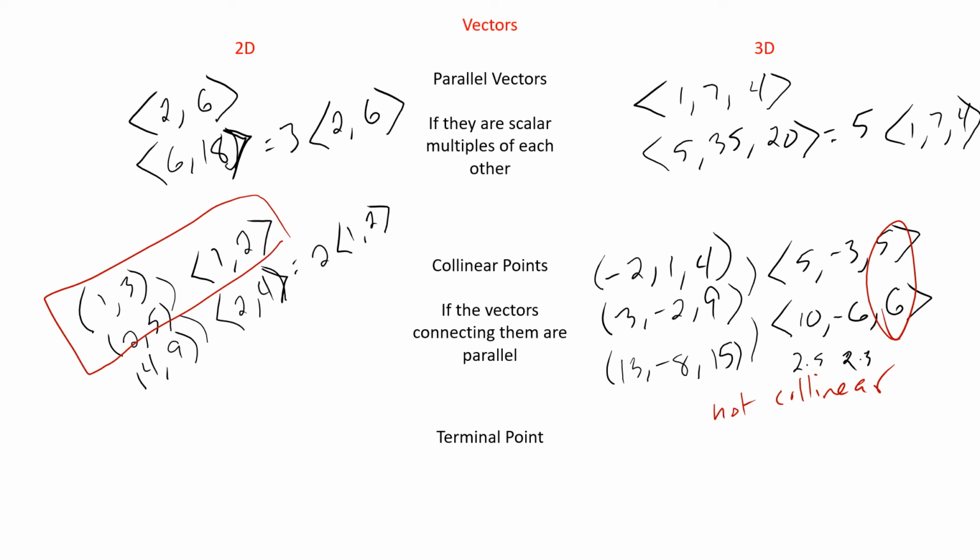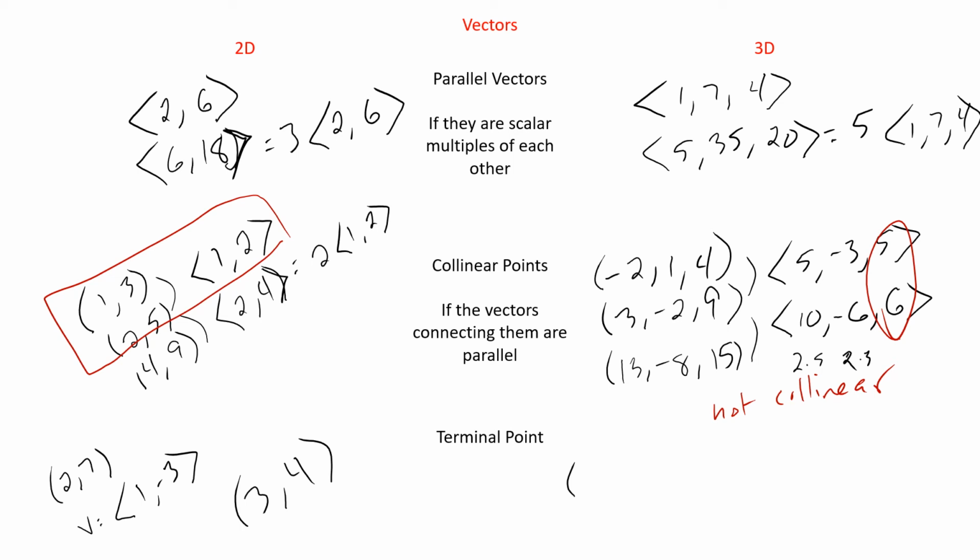These ones are going to be more if we have an initial point of (2, 7) and the vector is (1, -3). What is the terminal point? Well, we would go 2 plus 1 is 3, and 7 plus negative 3 is 4 to get the terminal point. Same thing with 3 dimensions.